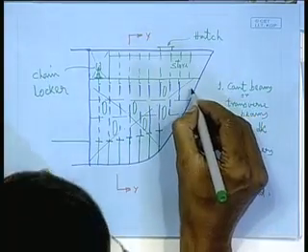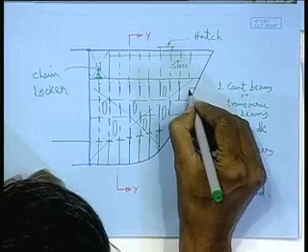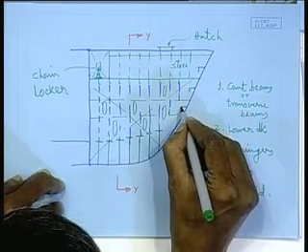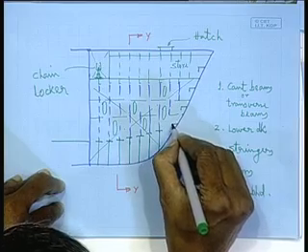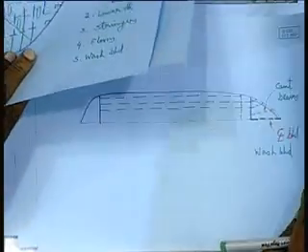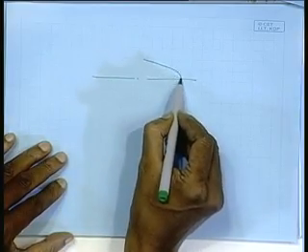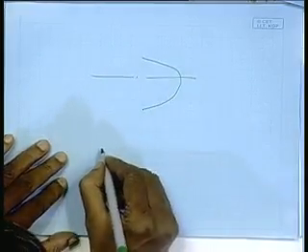In addition to that, I can have smaller stiffeners like this in between the stringers. If you take a water plane section of the forward bow, you will find the section is somewhat like this.